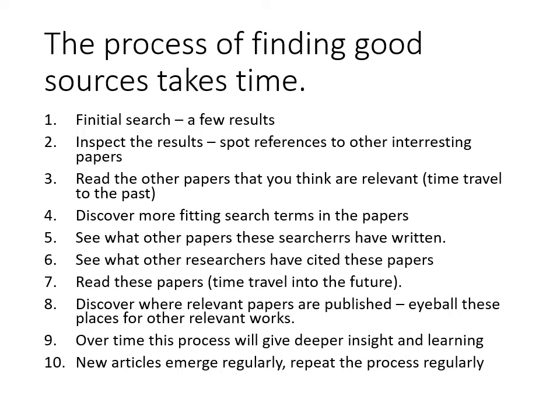Then we read those other papers that we think are relevant. And then we are traveling into the past. It's like a time machine into the past. And then after having done that, we will have found more fitting search terms through reading these papers. We will know how the researchers are describing the various things that we want to look into and do research on.